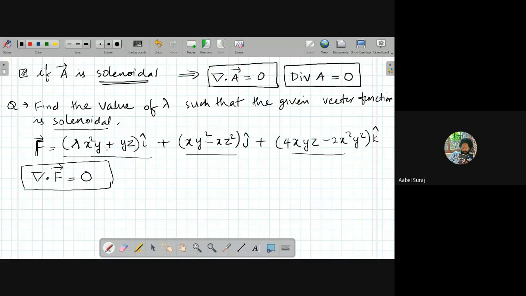Dou by dou x, I into the same idea: dou by dou x of lambda x square y plus yz is equal to 0.